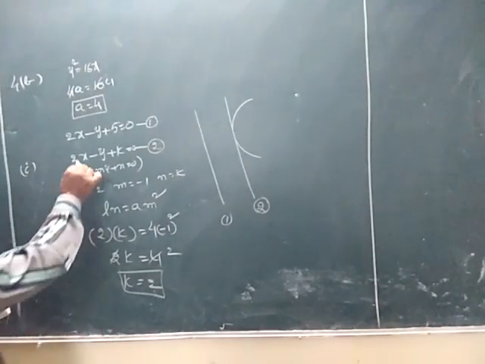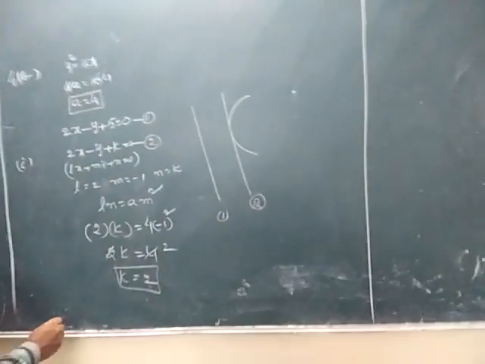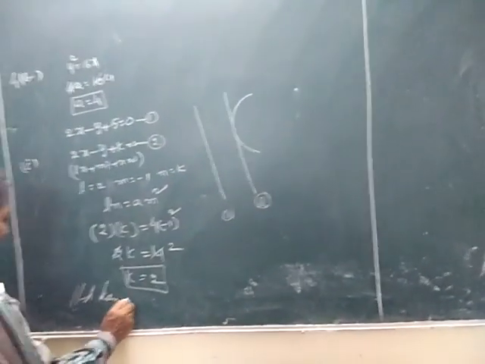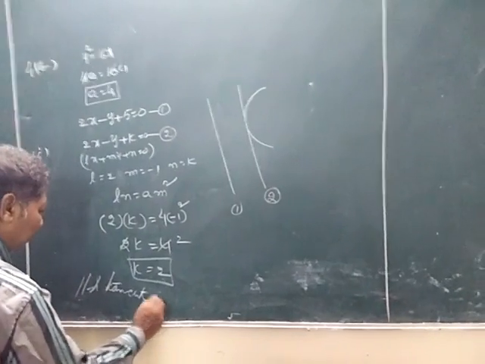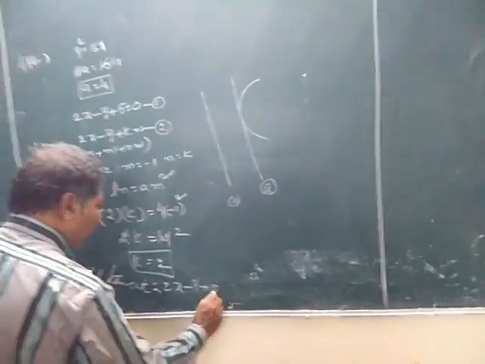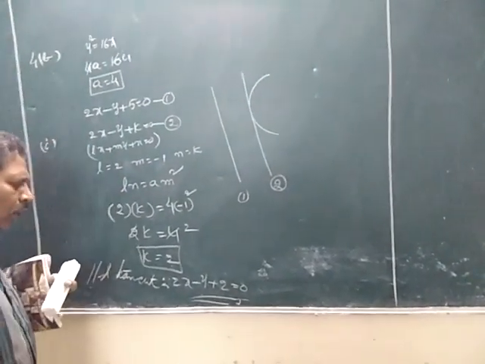Therefore, parallel tangent is 2x minus y plus 2 equal to 0.